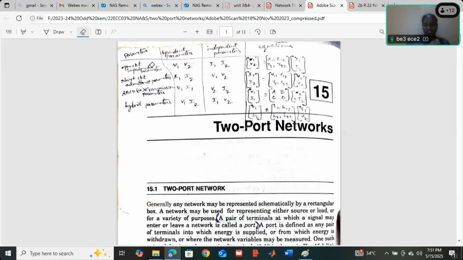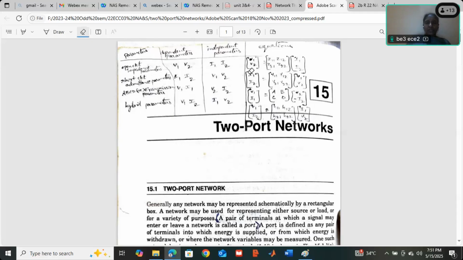In Z parameter two equations, Y parameter two equations, ABCD parameter two equations, and H parameter also two equations, given in matrix form. I asked you to memorize this complete handwritten table. If you do, then 20% of the second half of the fourth unit is understood.